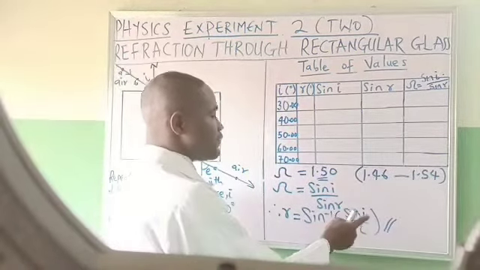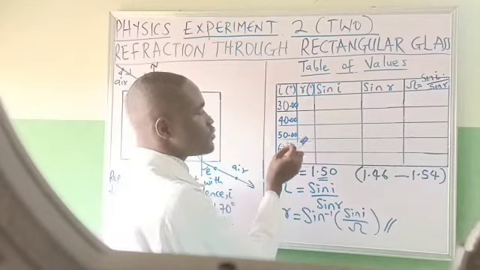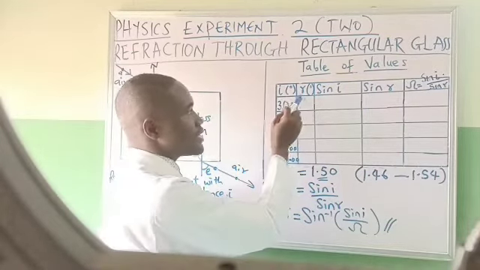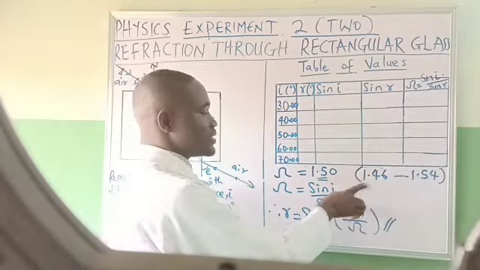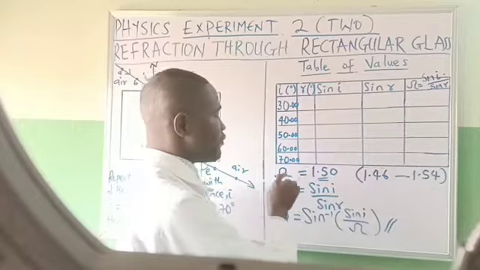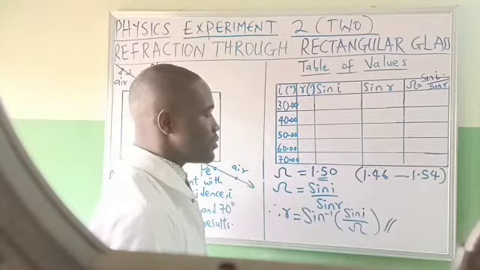So this is the formula we are to use to get the value for each of the spaces in this column for refracted angle. Now remember we said this is the possible range for the refractive index of a rectangular glass prism.